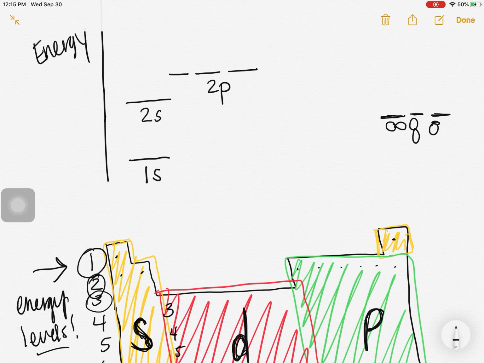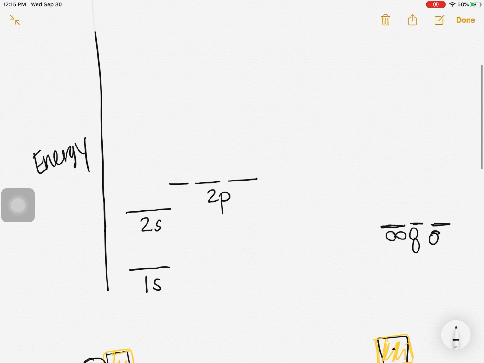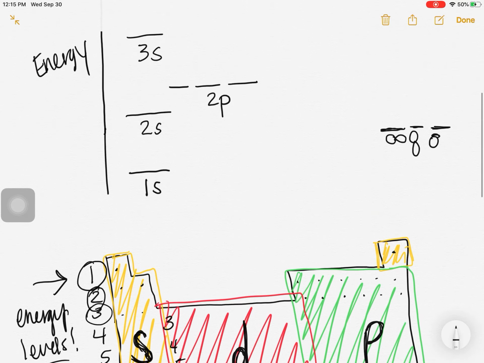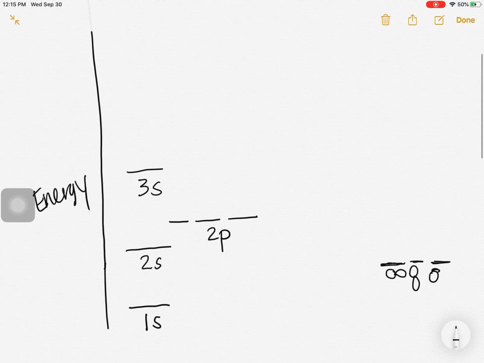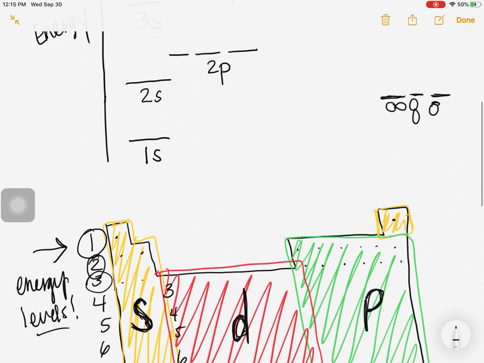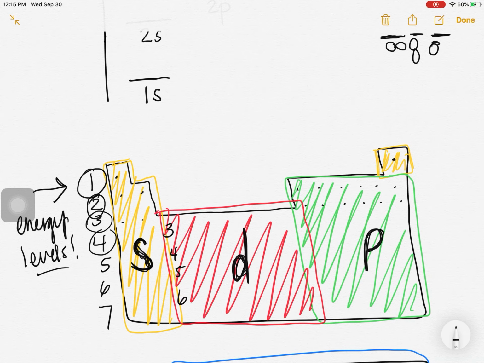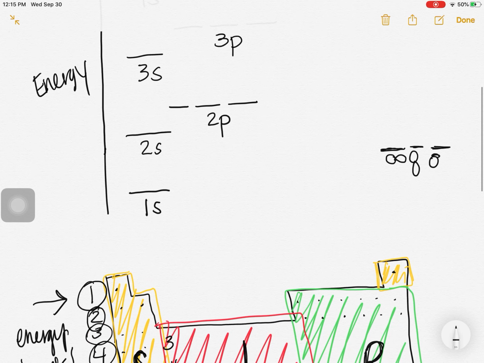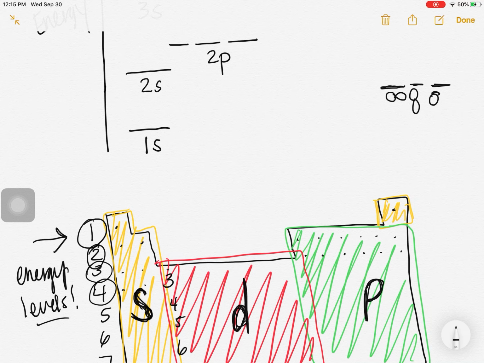So then from there we go to the third with the 3s, which is going to be at a slightly higher energy. Why? Because it's in the third energy level, followed by the 3p. Okay. And then we come to the 4s, so it's going to be slightly higher in energy. And then we get to the 3d, okay?